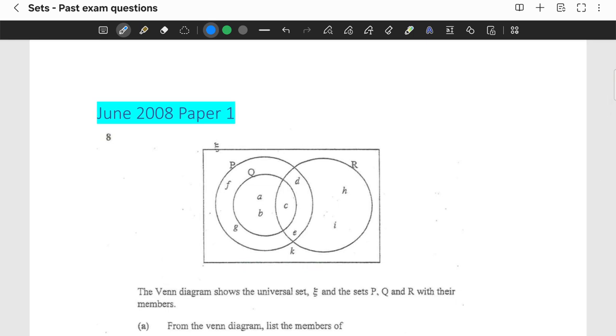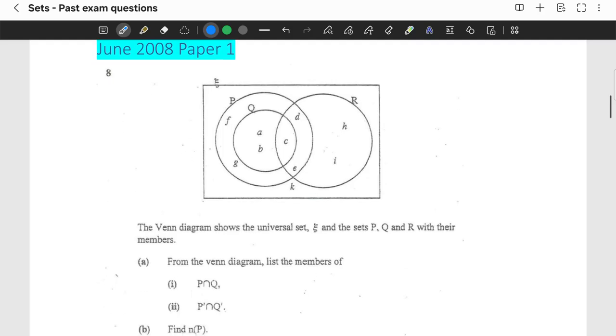Then we go to June 2008, paper 1, which says the Venn diagram shows the universal set and the sets P, Q, and R with their numbers.